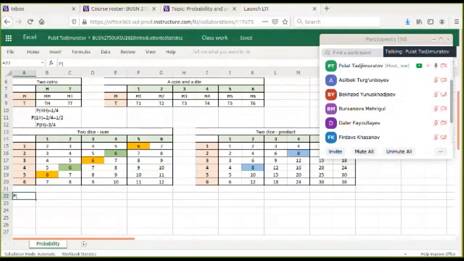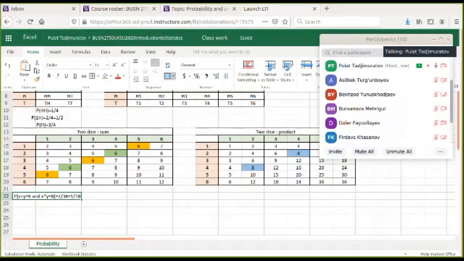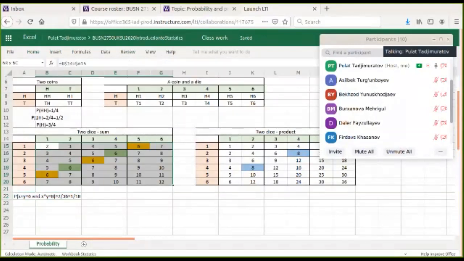Let's mark one dice roll by X and another dice roll by Y. So the probability of X plus Y being 6 and X times Y being 8 is 2 over 36, right? Or 1 over 18, because we have 36 different outcomes in total, and 2 of them have both the sum 6 and the product 8.